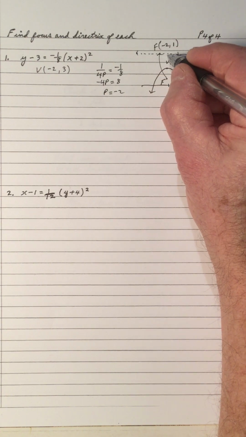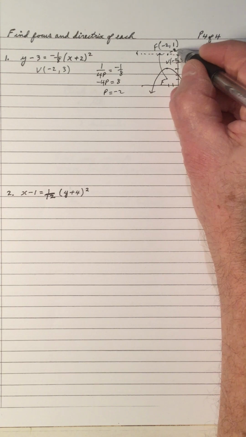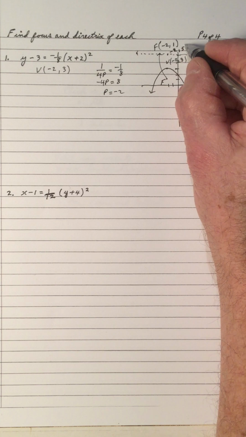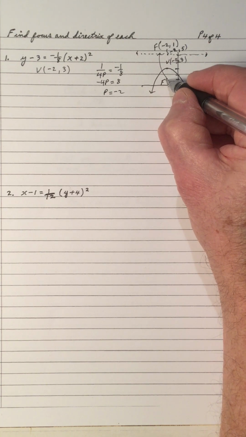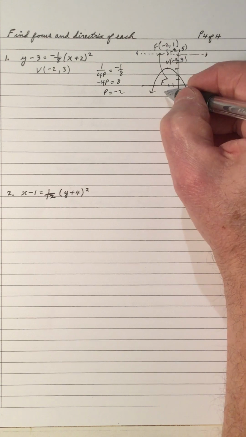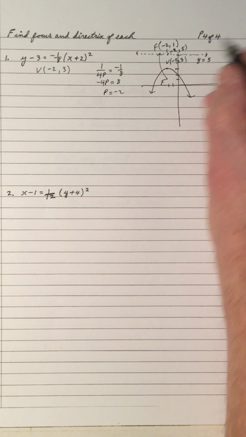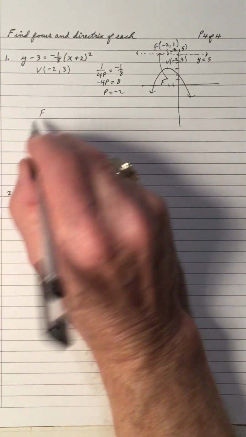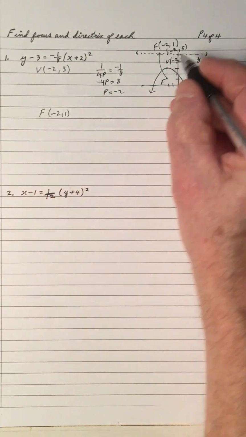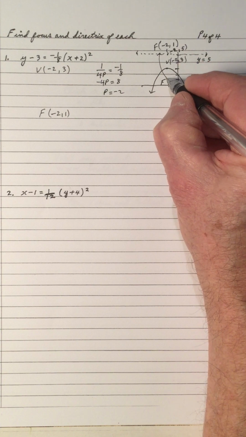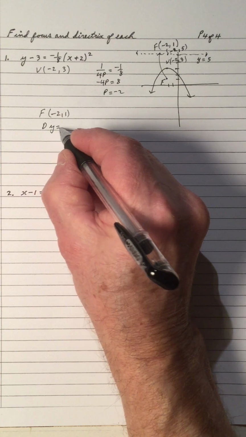So this point right here is x is -2, and we move up 2, so -2 on this point, -2 on this point, because on the vertical line all the x's are the same. So the directrix is y equals 5. So the focus is -2, 1, which is right here inside the parabola, and the directrix, D for directrix, is y equals 5.